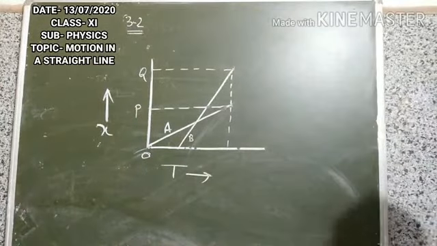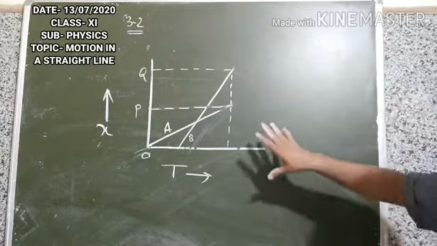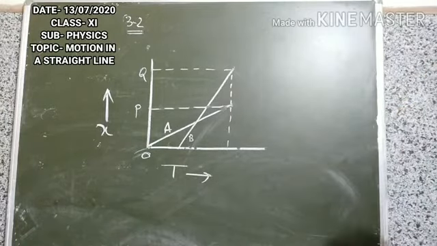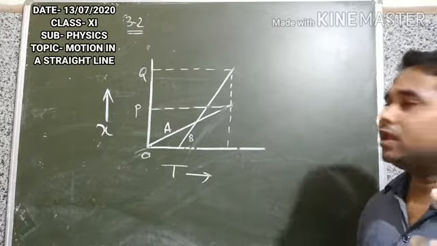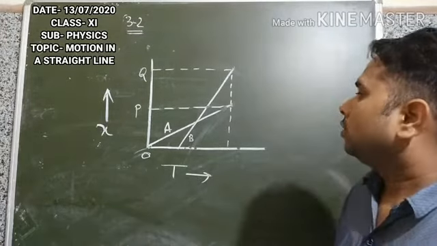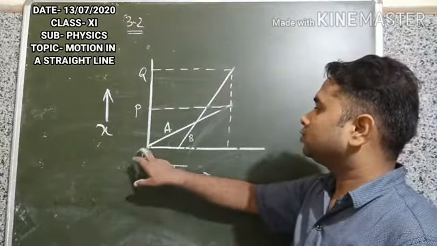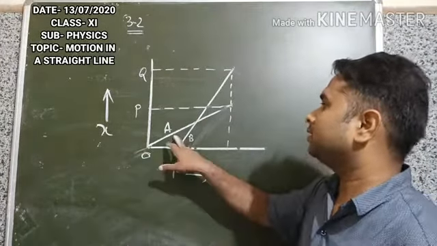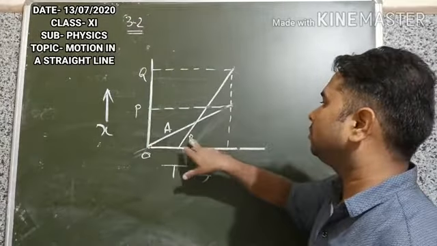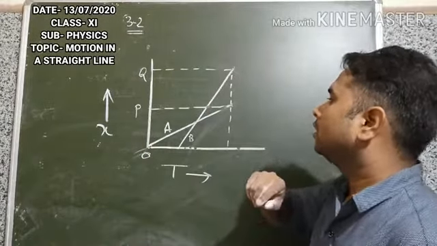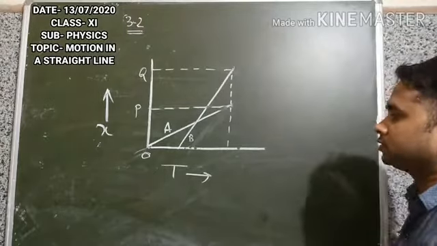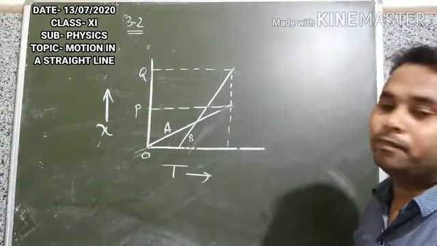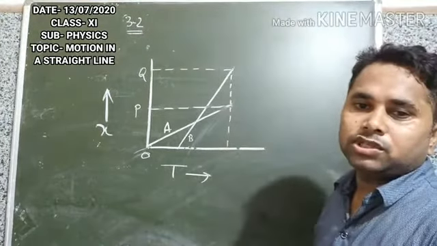Now see the question here. इस क्वेश्चन में this is the position time graph for motion of the two children A and B. They are returning from the school O to their homes P and Q. मतलब A का घर है P और B का घर बना Q. They are returning to their homes from the school O. School location, school position O.